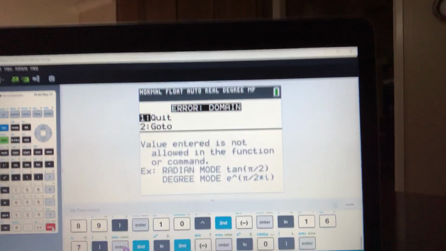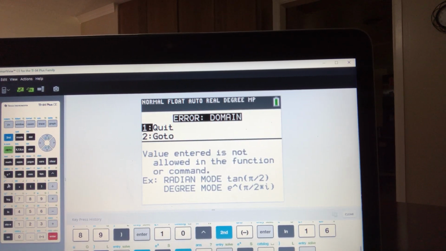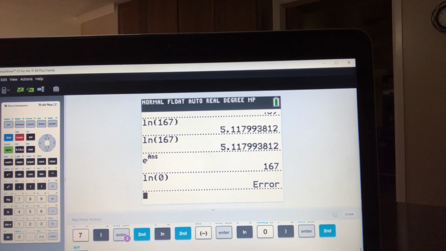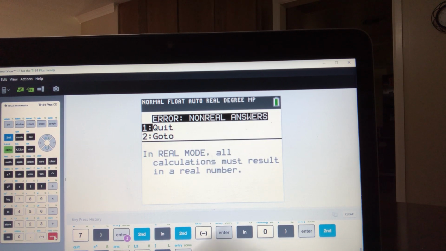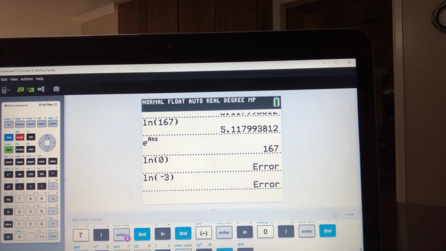And that will be the same thing for these other ones. If I were to quit out of that one and try the next one, it's natural log of -3. It's going to say something similar. This one says non-real answers, but still you're not going to write that. You'll say either it's not possible or it's undefined. And even for a common log, like the one right beside number 7, same thing, that's with the base of 10 though.